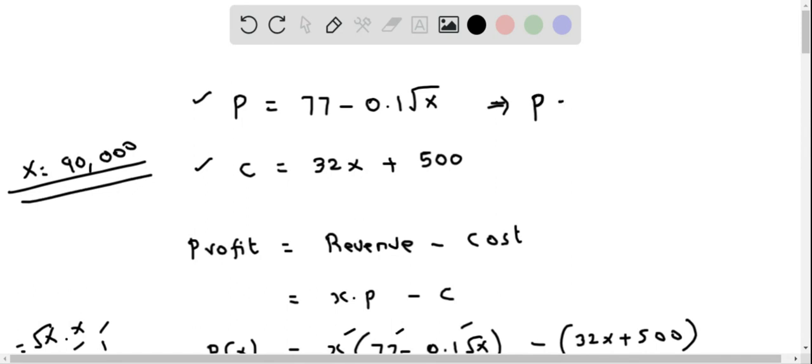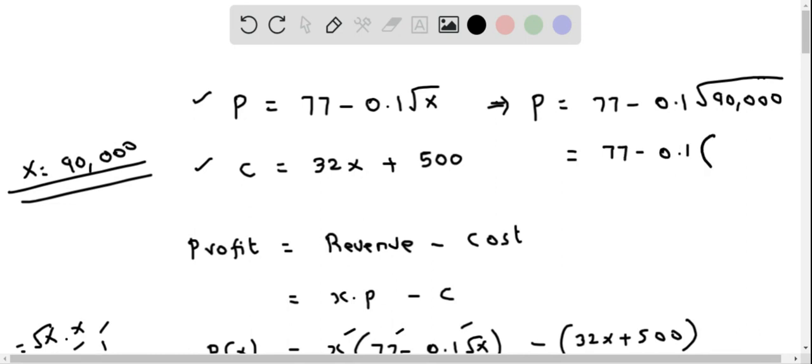We have price equals 77 minus 0.1 times the square root of 90,000, and this equals 77 minus 0.1 times 300, since the square root of 90,000 is 300, and this equals 77 minus 0.1 times 300 is 30. 77 minus 30 is 47. So therefore, this is in dollars. The price that maximizes the profit is $47.